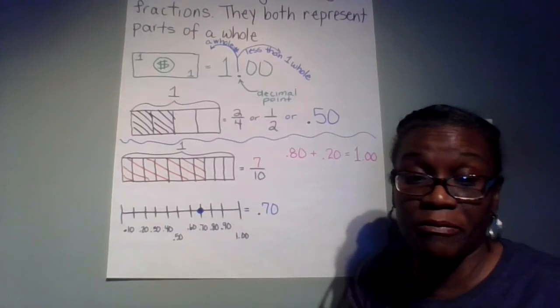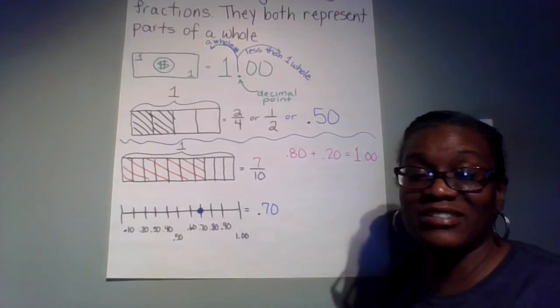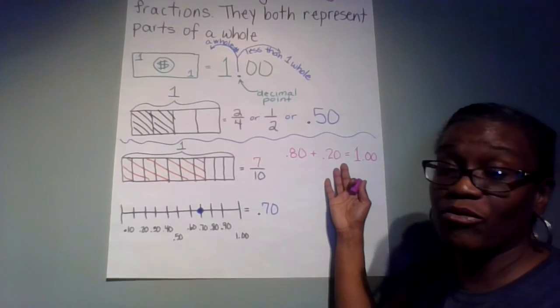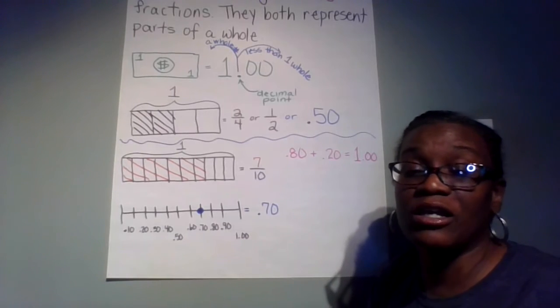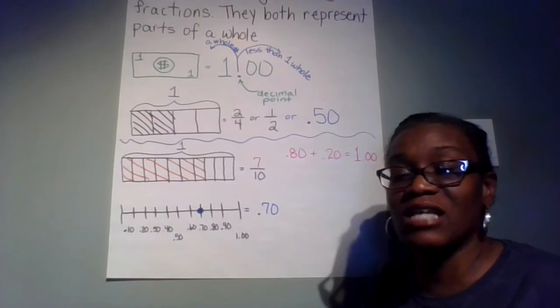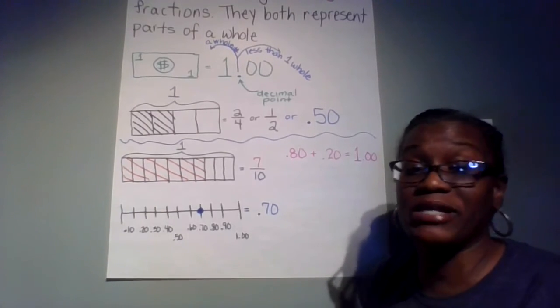So scholars, I just taught you how to add decimals horizontally from left to right, and I'm going to show you vertically. The trick to adding decimals vertically is to make sure that your decimals always line up.